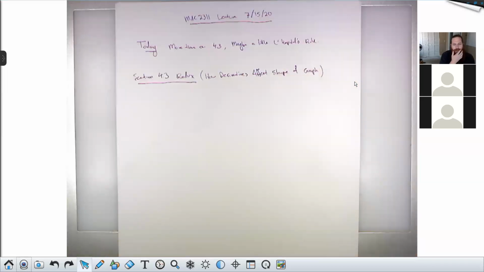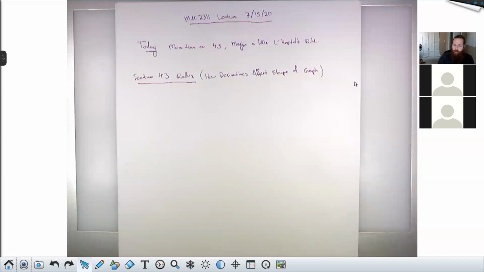And we need to talk a little bit about higher derivatives. So we've only mentioned higher derivatives once or twice in this class because they're not super relevant, but back when we were talking about the derivative as a function, we talked a little bit about velocity and acceleration as they relate to position.